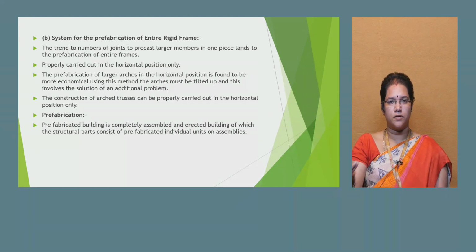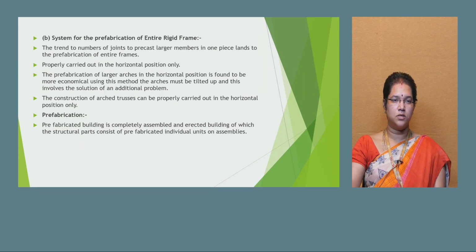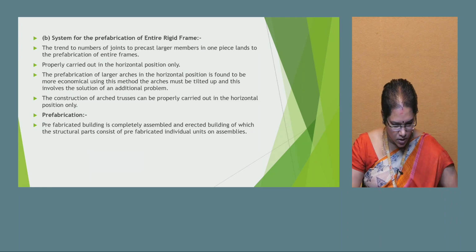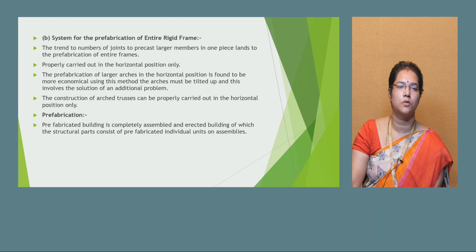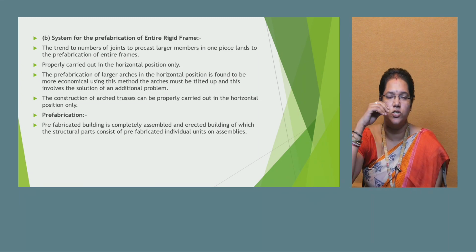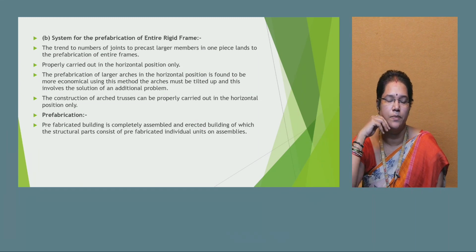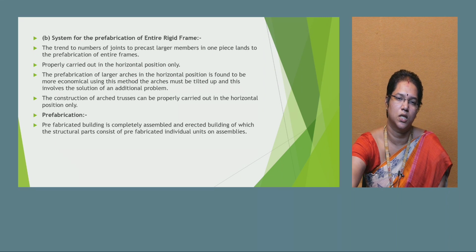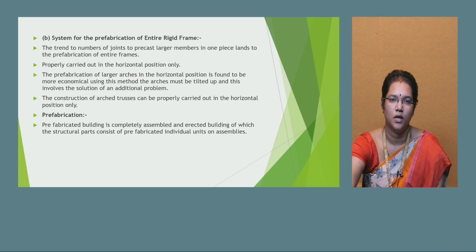So regarding the number of joints, joint-wise we are going for the construction arrangement. For joints of precast large members, from one piece to another piece, whether the entire frames are properly carried out in the horizontal position or not, and whether the construction of arches and trusses can be properly carried out in the horizontal way, is mainly considered.